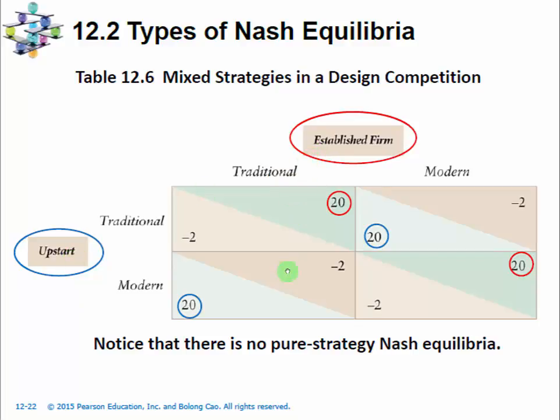If the established firm chooses to submit a traditional design and the upstart firm chooses to submit a modern design, the upstart firm will win. I have circled the best responses for each firm. For the established firm, these best responses mean that it's better to match the upstart's style choice. For the upstart, the best responses mean that it's better to avoid the style the established firm will submit.